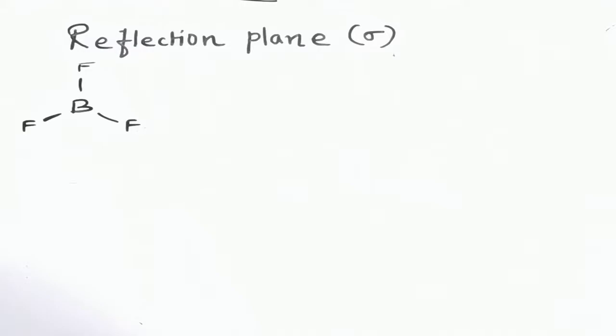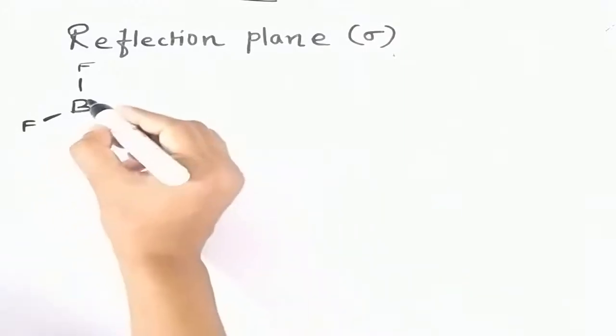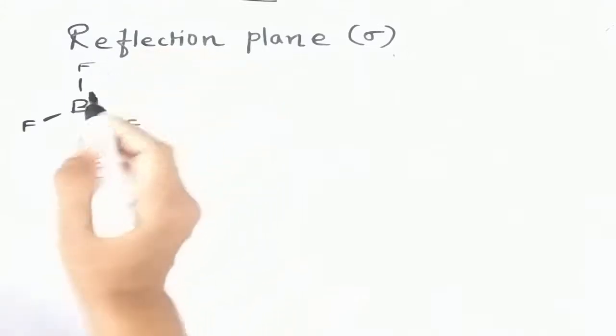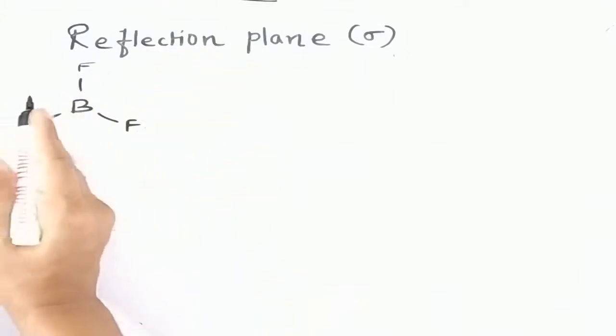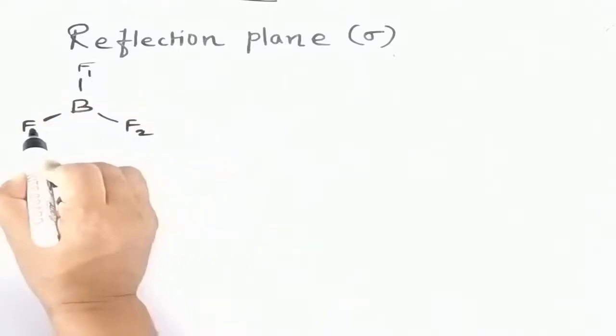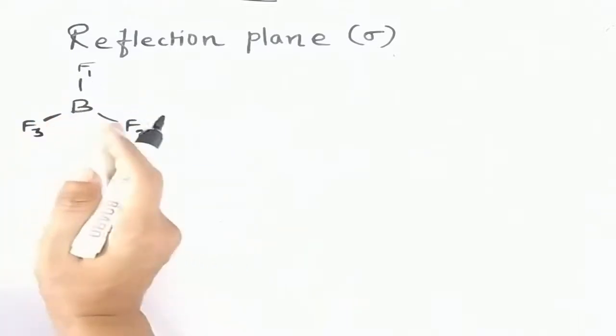Now let us find out how many types of planes are present in this BF3 molecule. Dear friends, as we said earlier, sigma is nothing but reflecting a molecule to make it into two equal halves. I will number this F1, F2, F3 for understanding purpose.